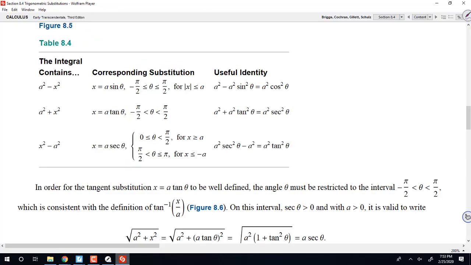What's mentioned in your textbook, in this table 8.4, is that if the integral contains this expression, then a good substitution is this, and then it has all these restrictions for where x needs to be. So when we make the substitution, if x over a is sine theta, then we know the inverse sine of x over a is theta.